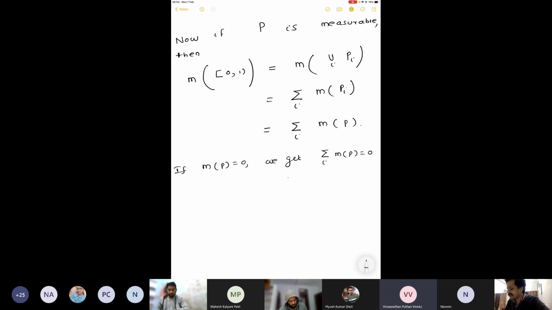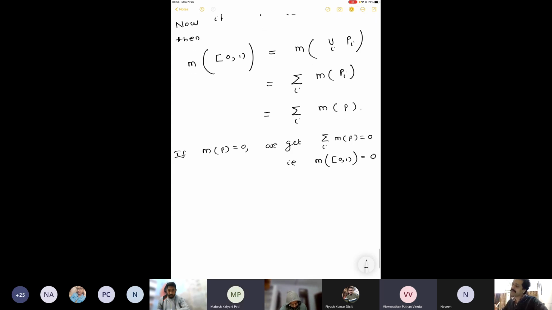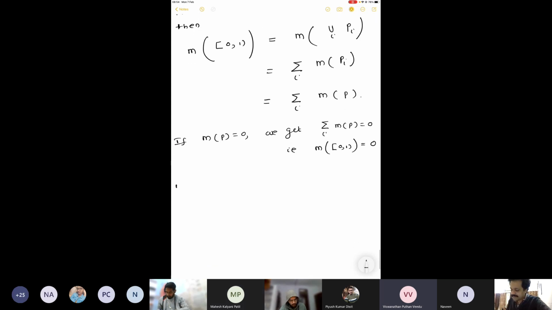And that will give you that measure of [0,1) is equal to 0. That's not possible. Now, if measure of P is non-zero, it will be greater than 0.